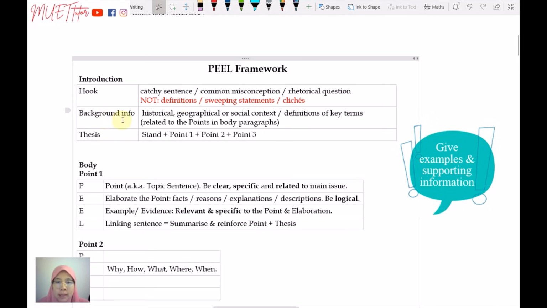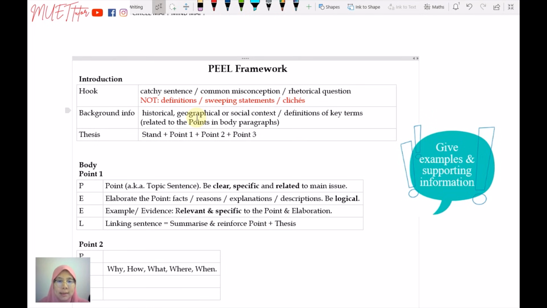For background information, give our readers the background information or context so they can understand our points and explanations later on. Depending on the subject of our essay, background information can be a historical, geographical, or social context, or definitions of key terms related to the subject of our essay.